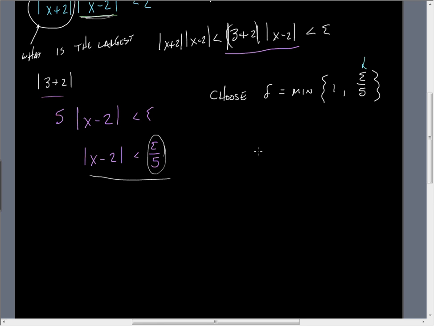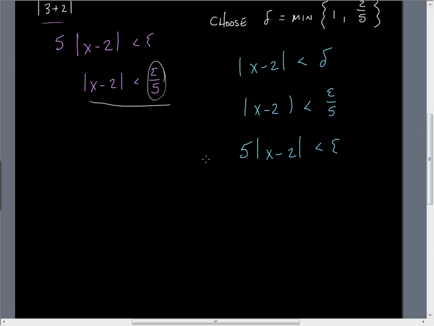So now, let's go back and let's say |x minus 2| is less than delta. That means that |x minus 2| is less than epsilon over 5, which means that 5 times |x minus 2| is less than epsilon.